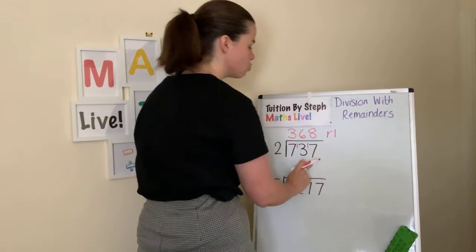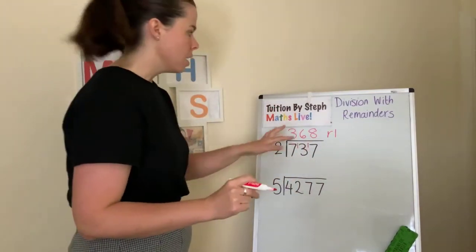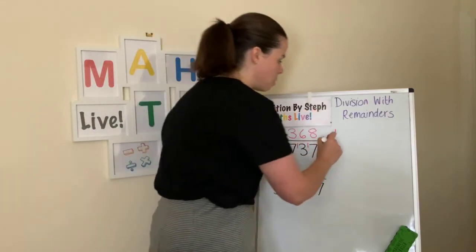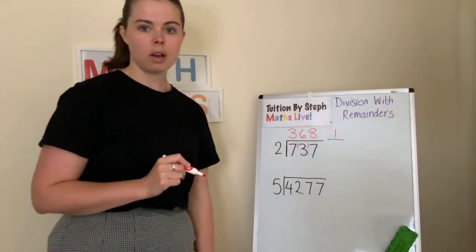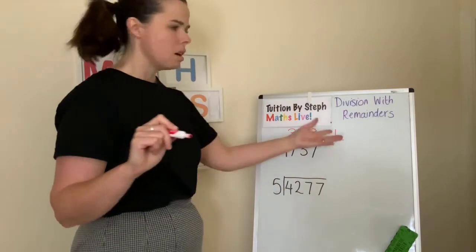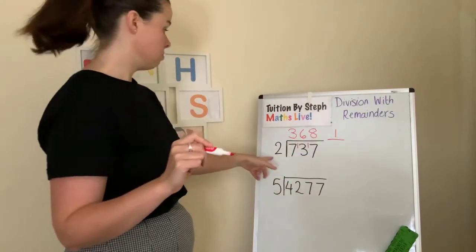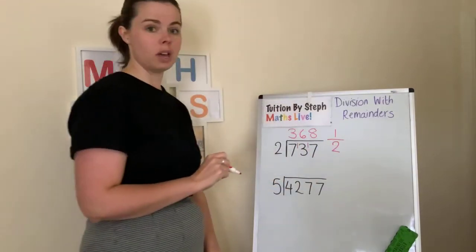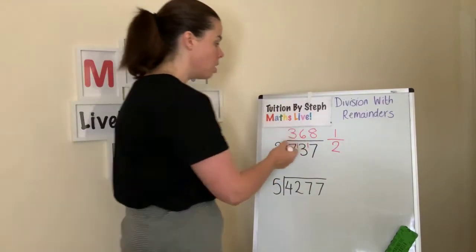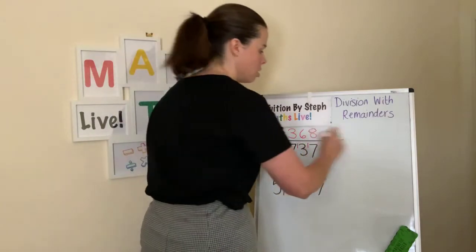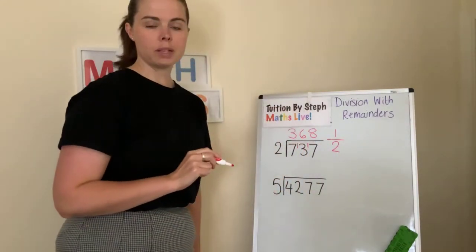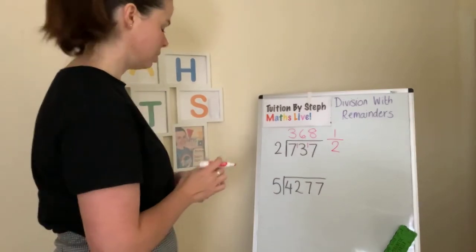But rather than just writing remainder 1, let's get rid of the R. We'll put our remainder as a numerator, and the denominator we'll get from the number we're dividing by. So when you put, oh, there's remainder 1, just put a line, and then underneath, put what we're dividing by as the denominator.